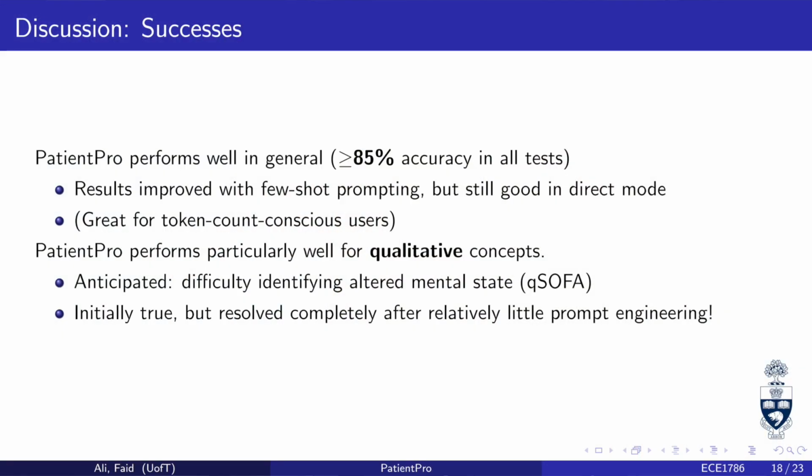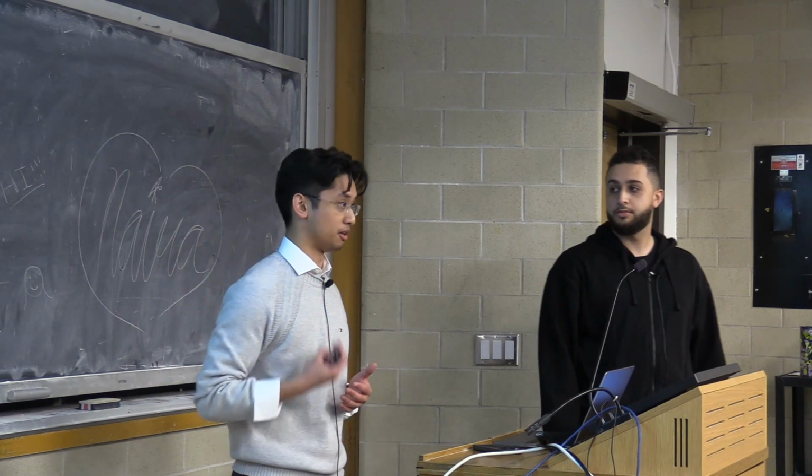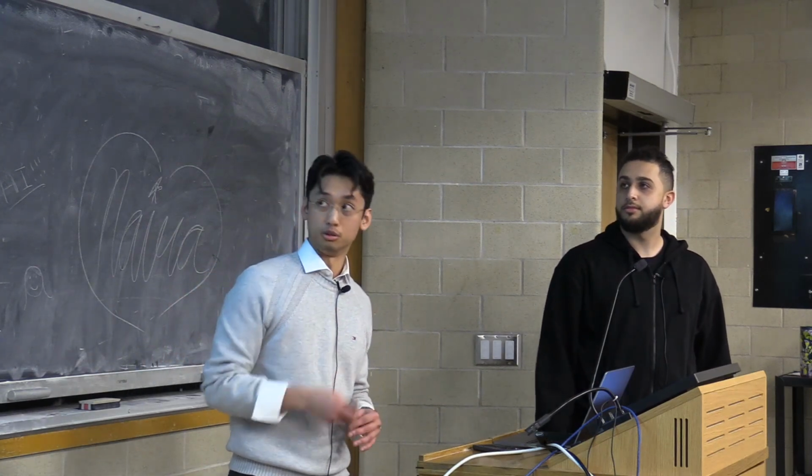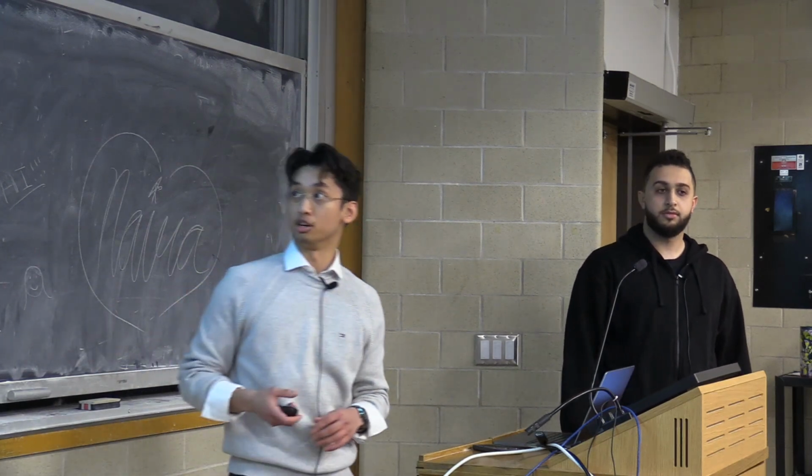Overall, PatientPro performed quite well with over 85% accuracy in all tests. Results did improve past 90% with few shot prompting, but it's still pretty good in direct mode, which is great because we were racking up a lot of tokens because of how long these EHRs were for the qSOFA one with the real EHRs.